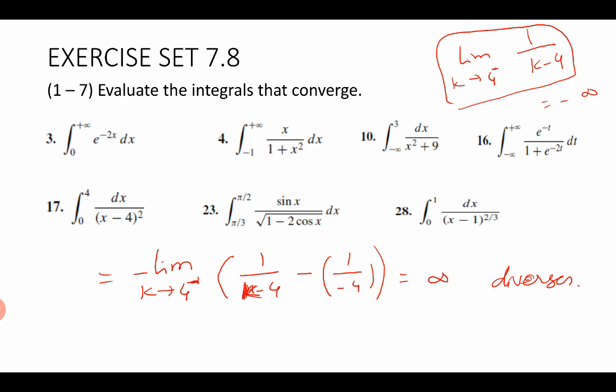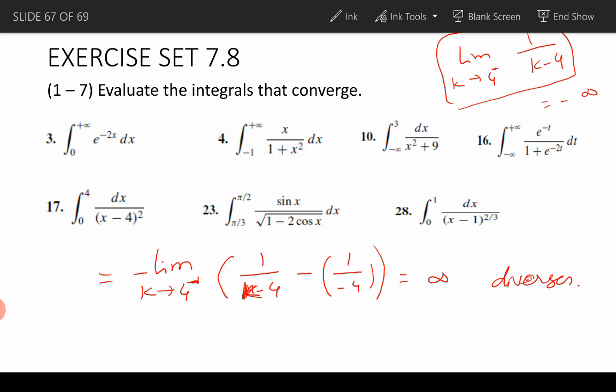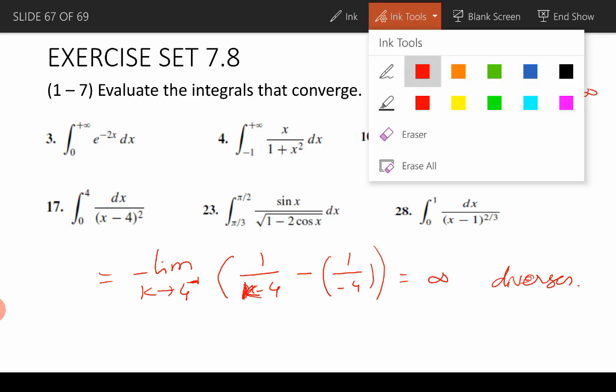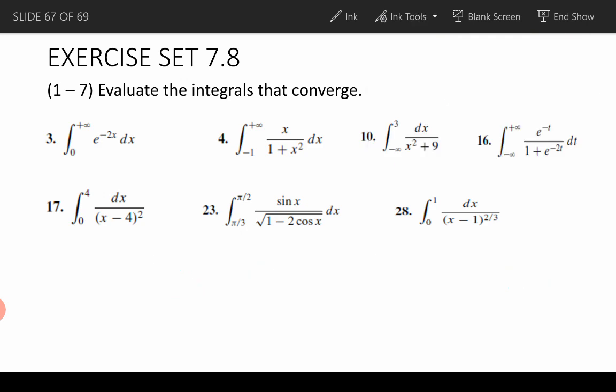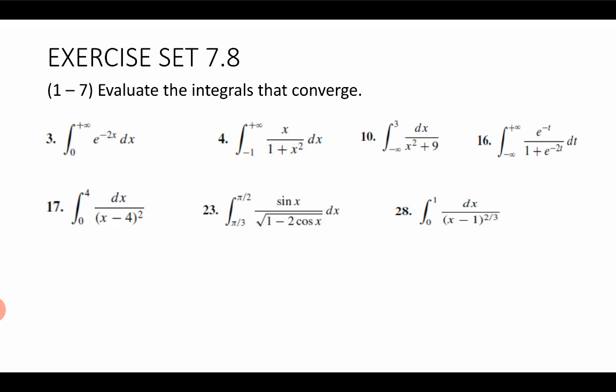So 1 over u should be replaced here. It will be negative 1 over x minus 4, isn't it? When you substitute upper and lower limit, now I will solve it in the next slide. When you substitute upper and lower limit, there is a negative.